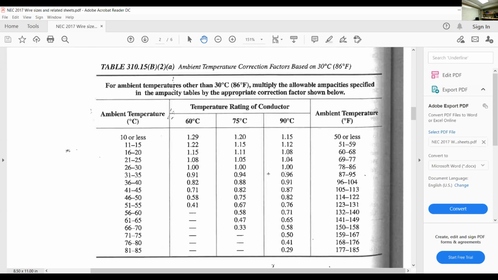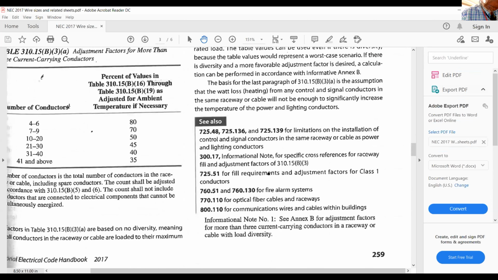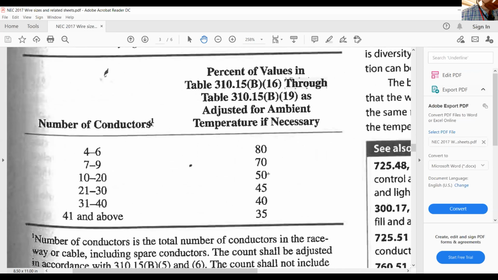And then you've already reduced it by 0.91, right? Then if you've got, say, 4 wires in the conduit, seriously, this may sound ridiculous, but this is the way it has to be done. After you do that 0.91 times that 55 amps and you get it reduced down, you take that new answer that's reduced.